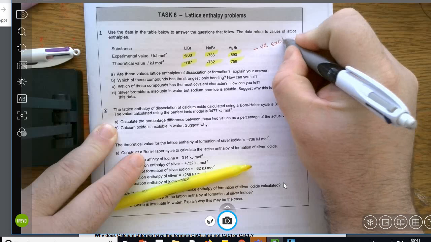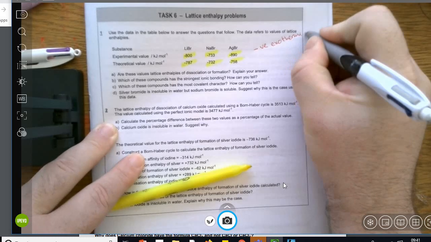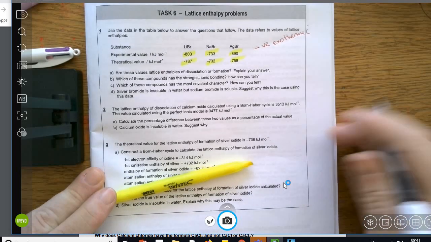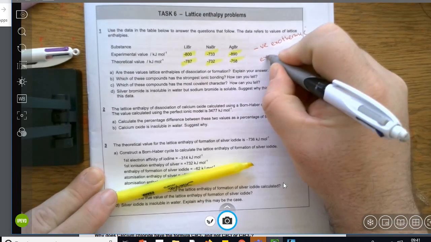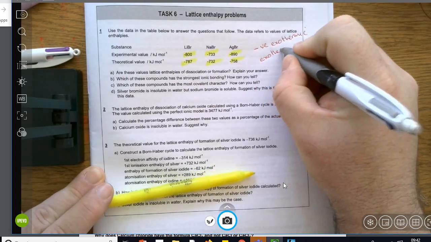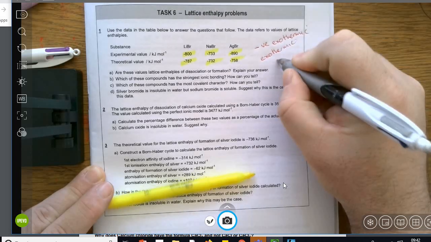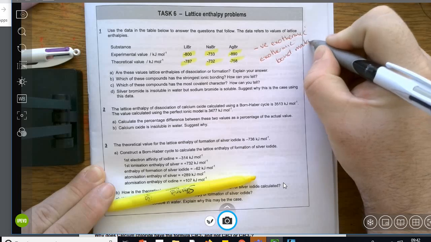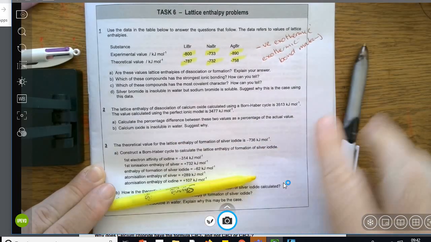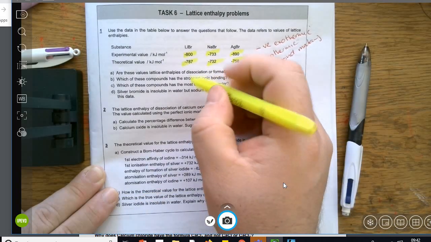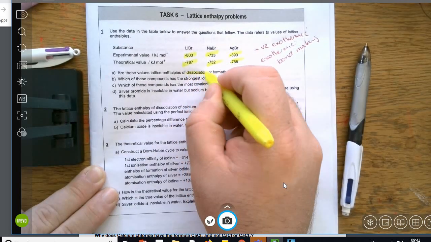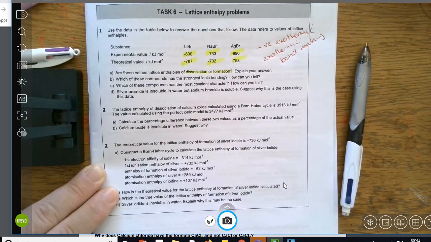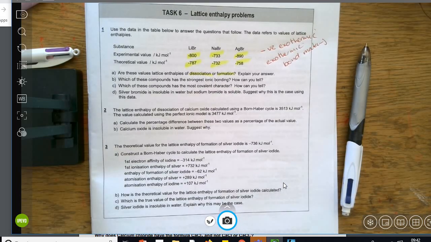So therefore, it's exothermic. If you go back to your GCSEs, exothermic is always bond making. So when you look at this question, it says, are these values dissociation, which is bond breaking, or formation, which is bond making? You're getting an idea.